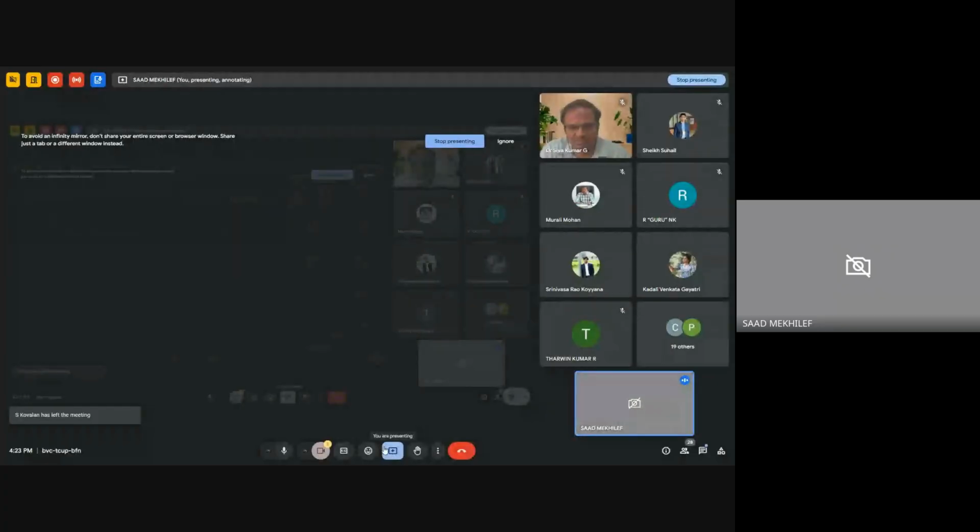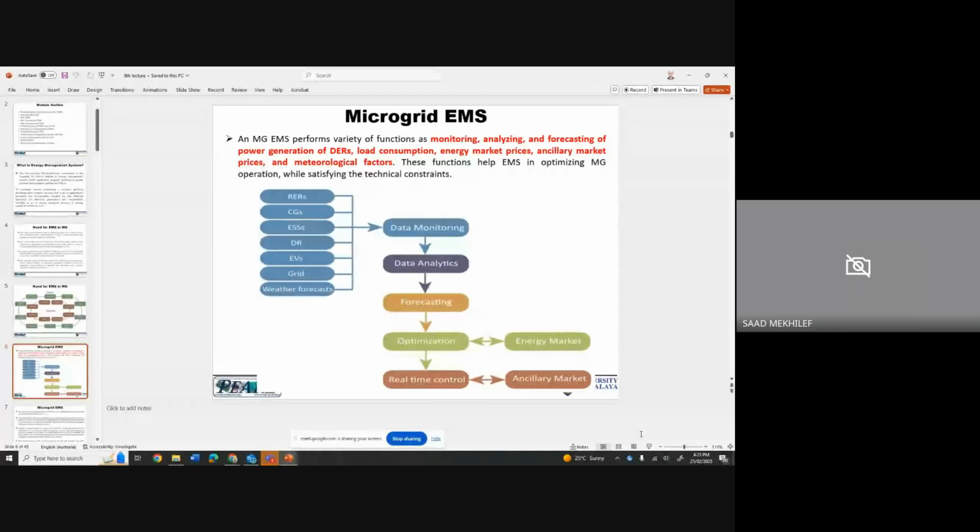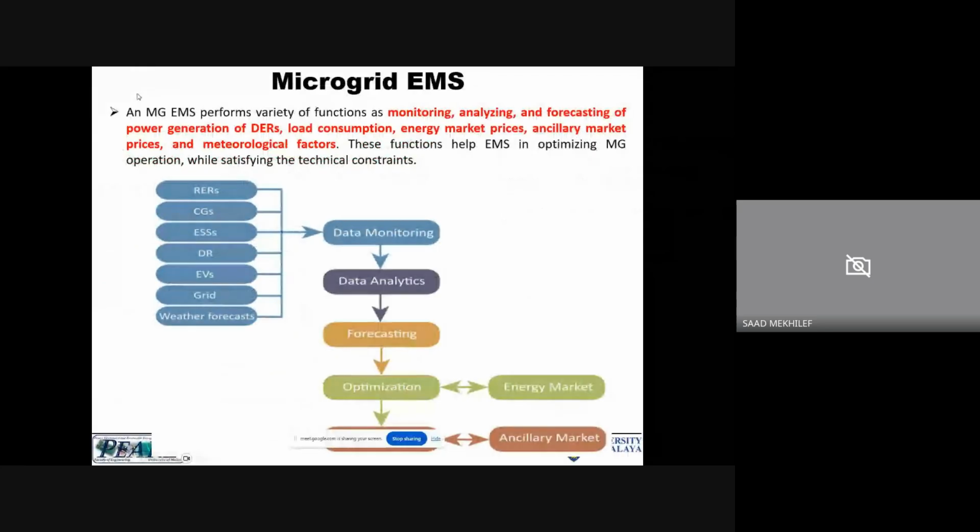Sorry, because I switched to a new one. Share entire screen number one, then put the PowerPoint on slideshow, then display setting, view. Yeah, it is fine.